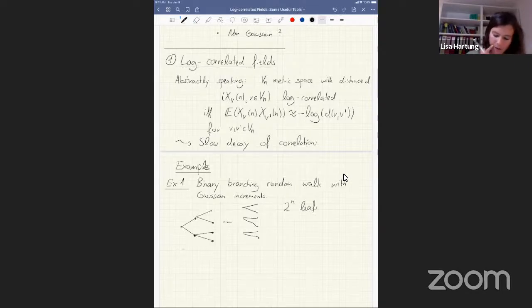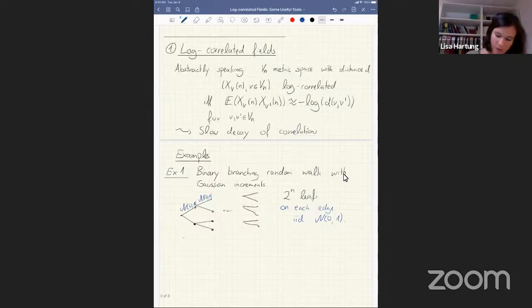And so this is just a binary tree. And now what we do is we put on each of the edges independent N(0,1) distributed weights. So on each edge of this tree, we put independent standard Gaussians with mean 0 and variance 1. And now we take V_n to be the set of all leaves.